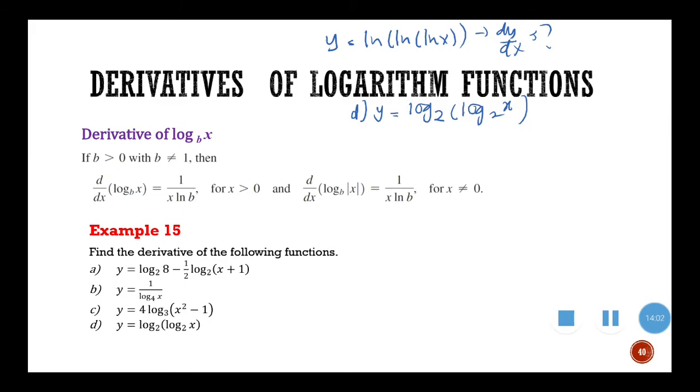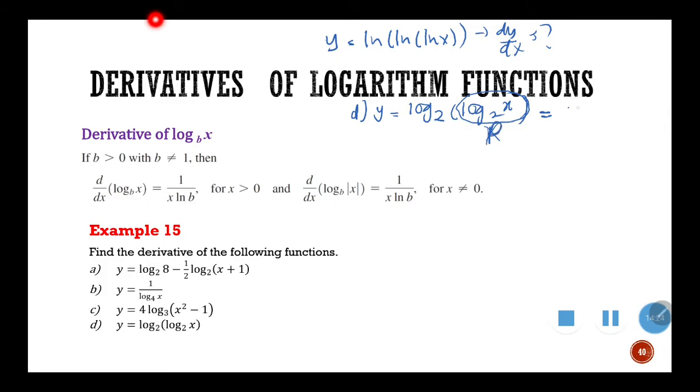Okay, so apa yang you perlu buat dulu adalah we have to change the base first. So now what we have is log x base 2 kan. So maknanya yang ni sebagai satu benda yang besar lah. We may represent this as p, katakanlah p kat sini.